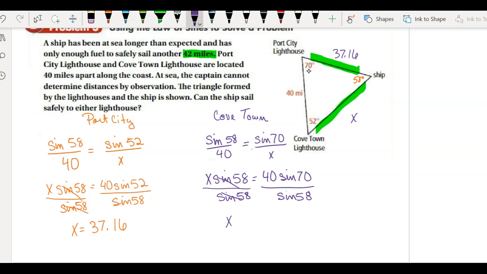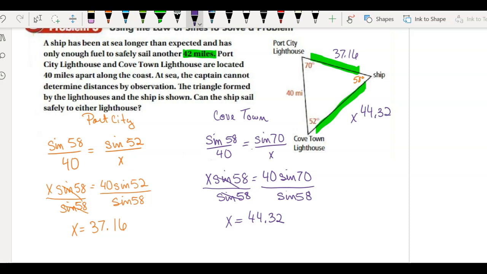I want you to pause, plug this in your calculator, and see if we get the same thing. Okay, what'd you get? I got 44.32. So that's going to be this distance right here.